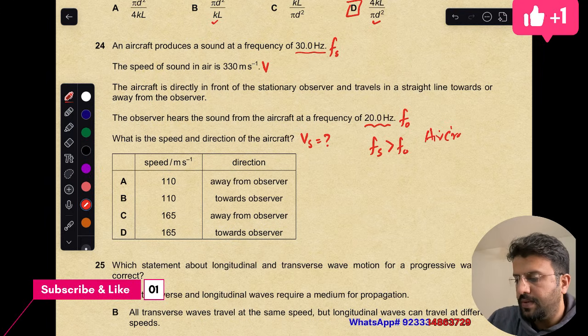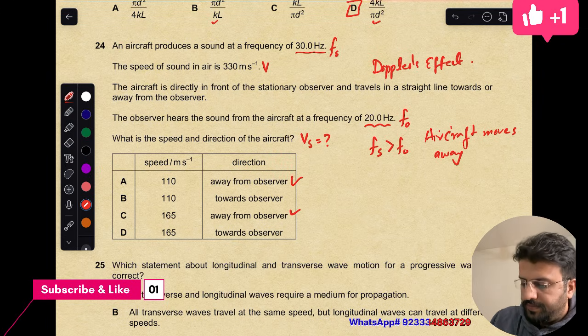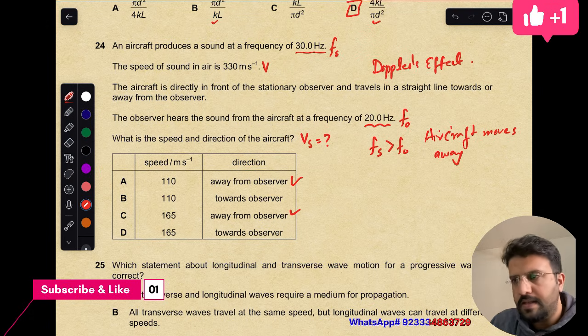So the aircraft moves away. By the way, this comes from the Doppler effect. So away, we have to choose between A and C.